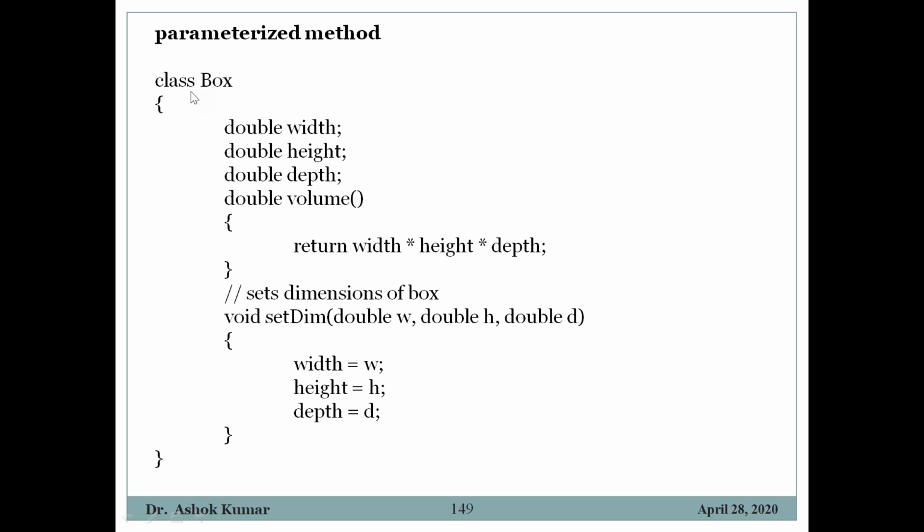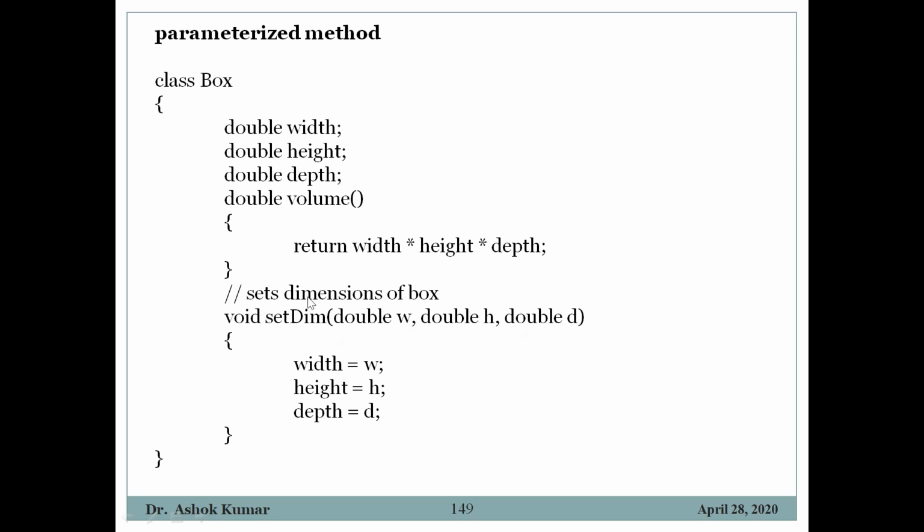The class is the same that we discussed in the previous lecture, the box class. But in this class we have two methods now. One method is finding the volume, it's returning a double type value, and the second method is setDim. It's receiving three parameters of type double.